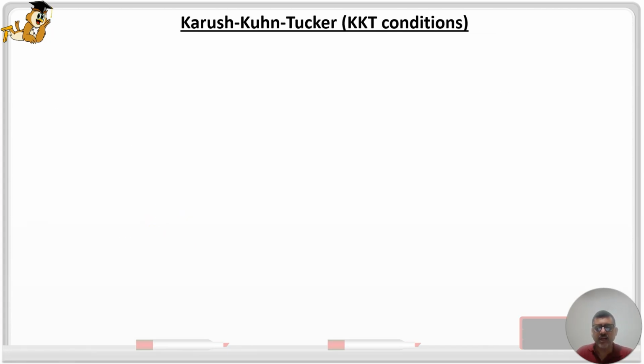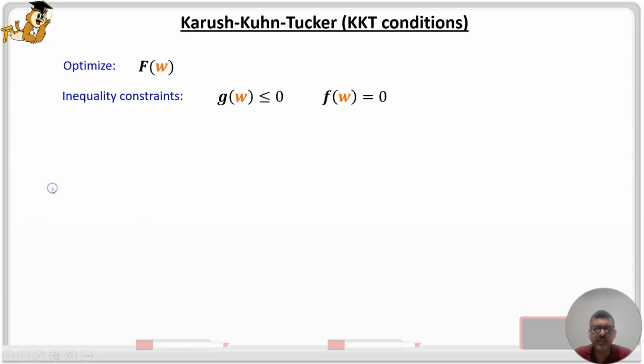Okay, KKT conditions. The KKT conditions, or the Karush-Kuhn-Tucker conditions, are essentially a generalization of the equality constraints that we saw earlier. KKT conditions essentially deal with a combination of equality and inequality constraints. Of course, this is more general than an equality constraint.